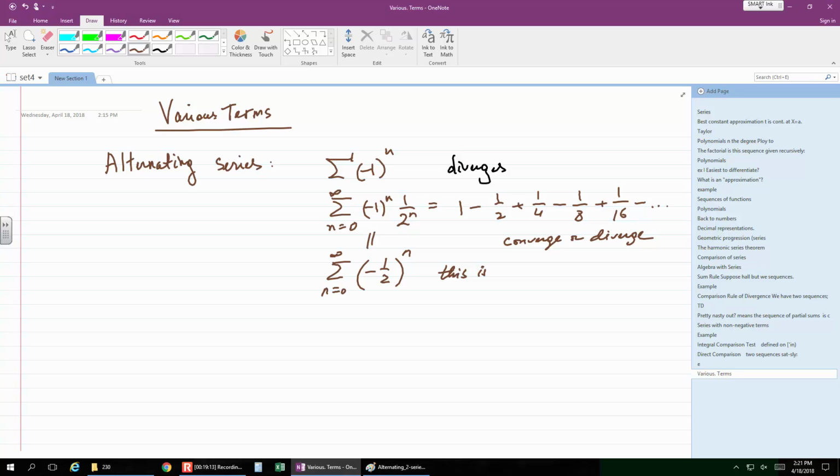No, not a constant. A constant would be a sum of ones: 1 plus 1 plus 1, so the terms don't change, and then you go to infinity, unless it's all zeros. But here I multiply by the same number all the time. This is a geometric series.